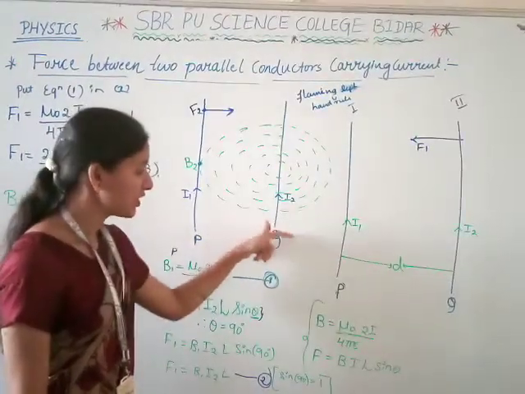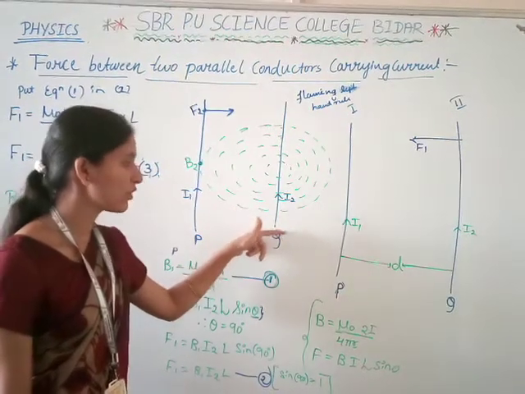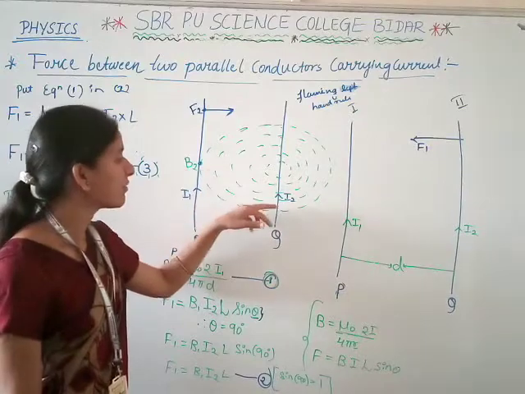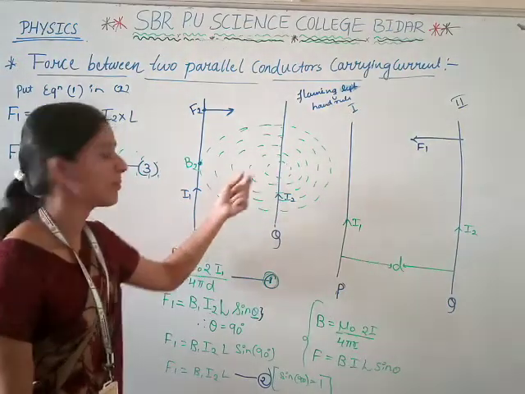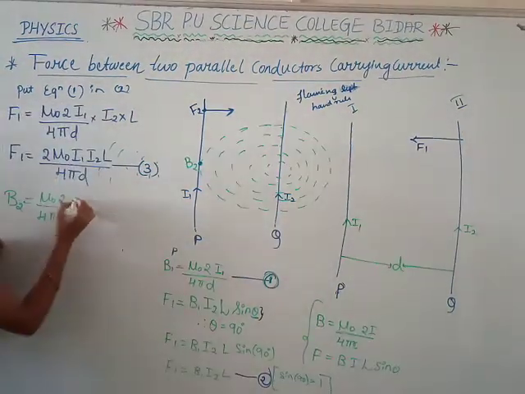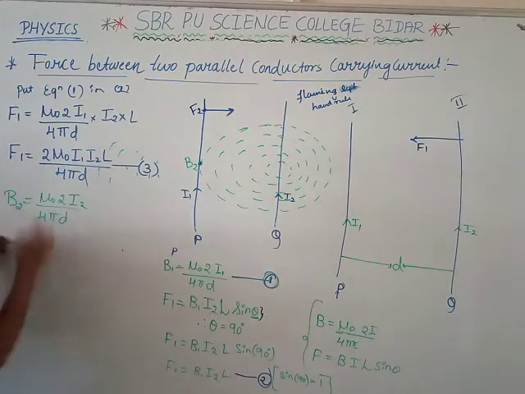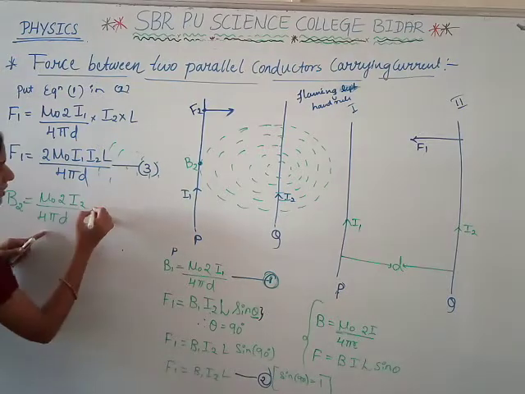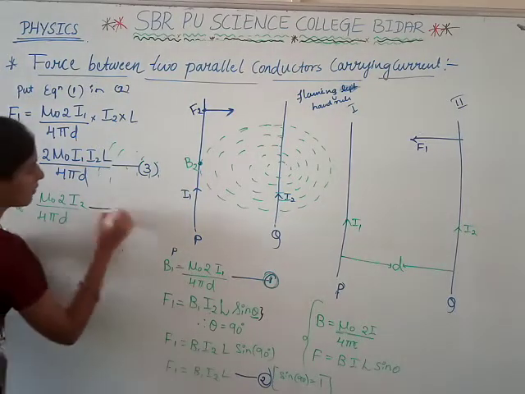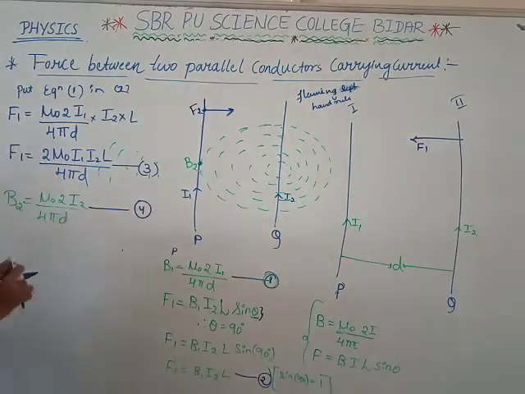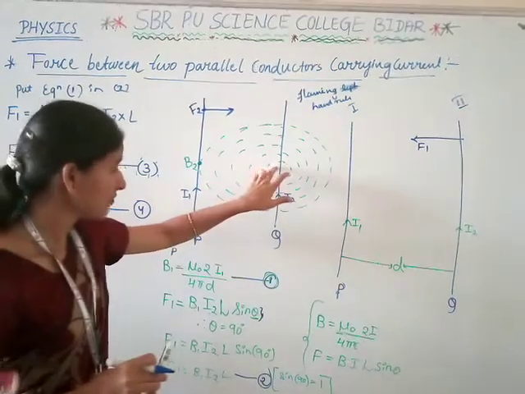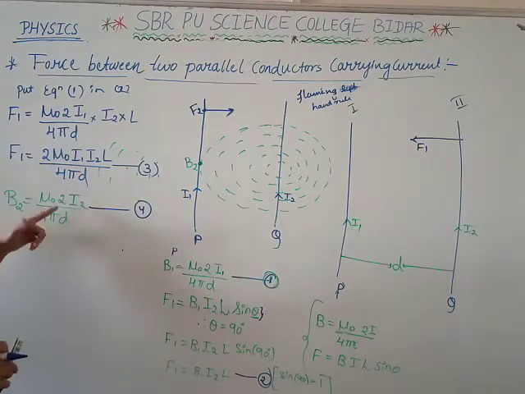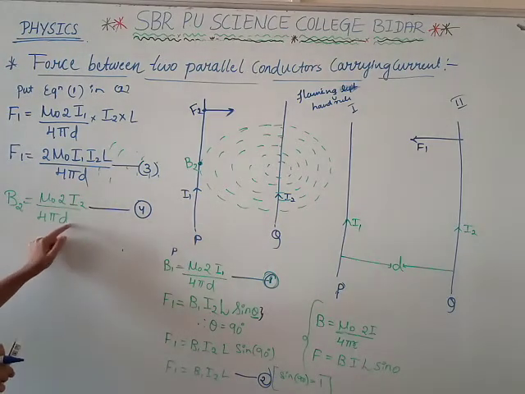We are considering conductor Q. Due to conductor Q only, the magnetic field B2 is produced here. When the current I2 is flowing, we have to take the current I2: mu naught into 2 into I2 divided by 4 pi d. Consider this as equation 4. The magnetic field B2 is equal to mu naught into 2I2 divided by 4 pi d.